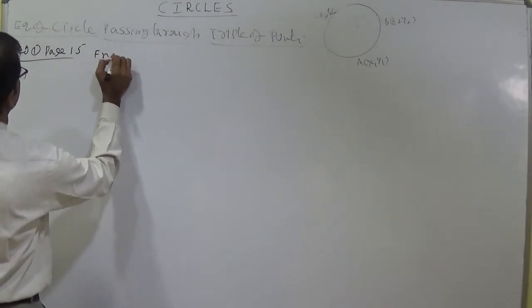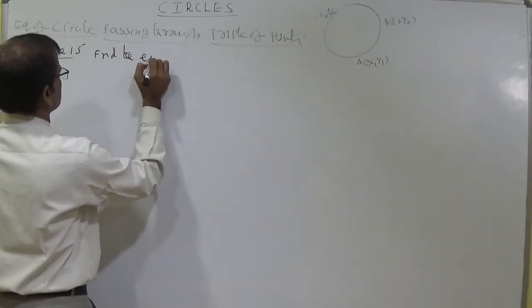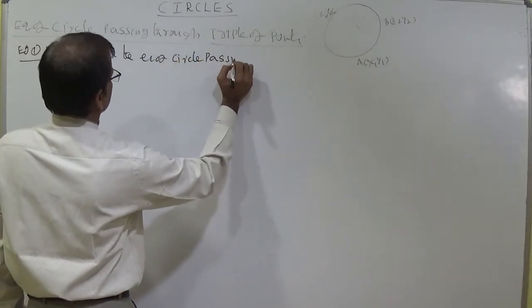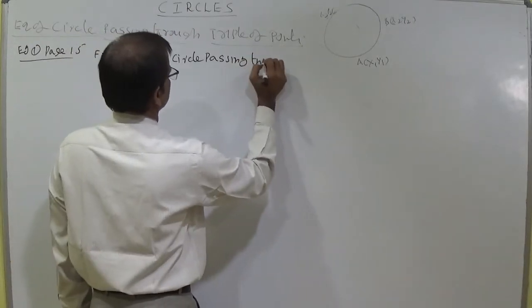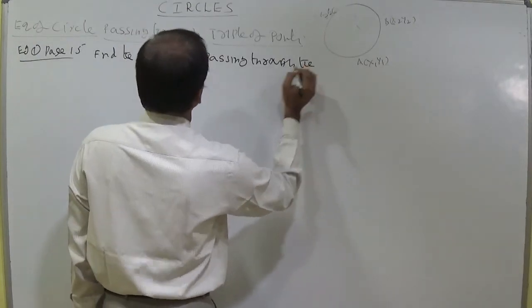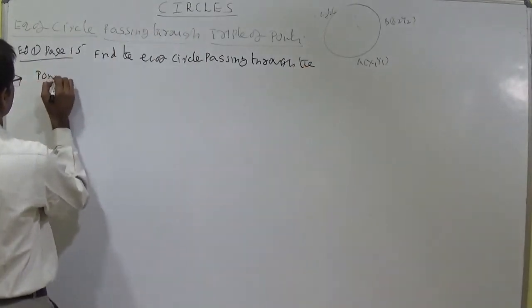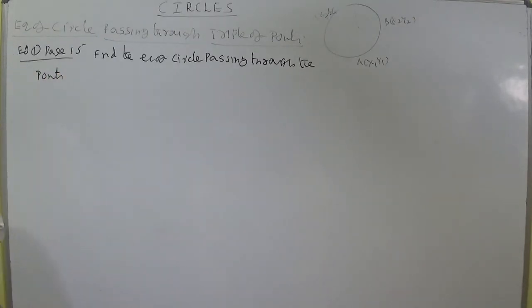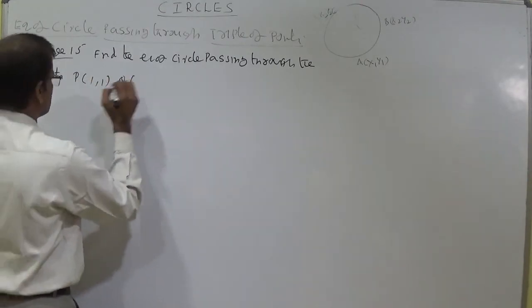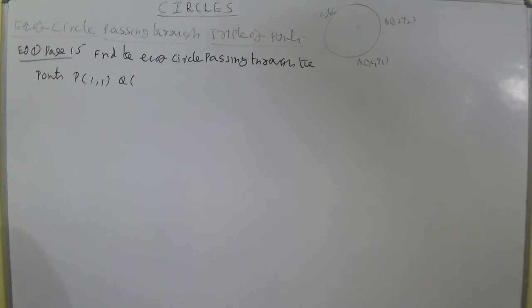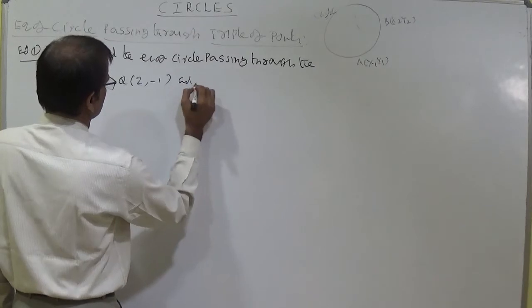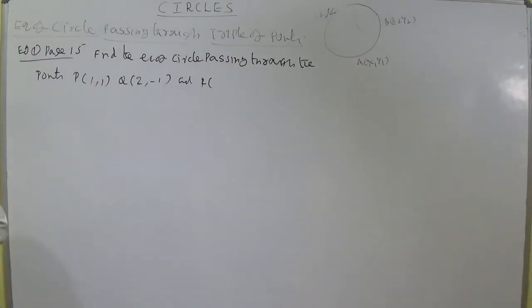Find the equation of the circle passing through the points P (1, 1), Q (2, minus 1) and R (3, 2).